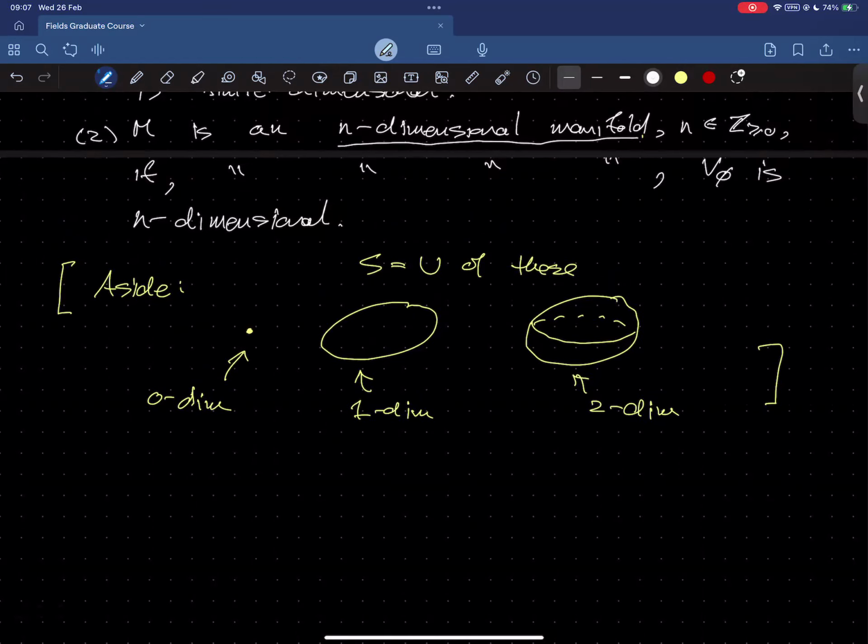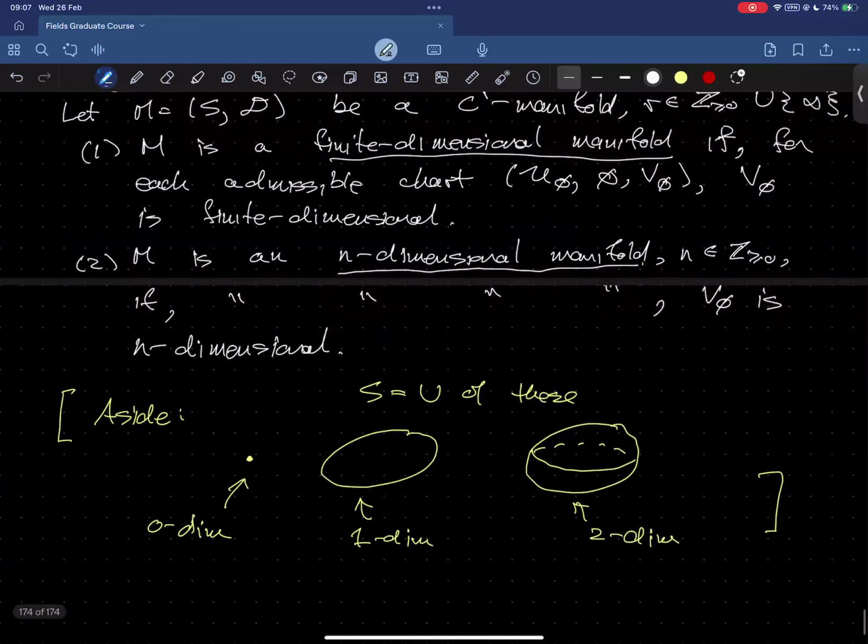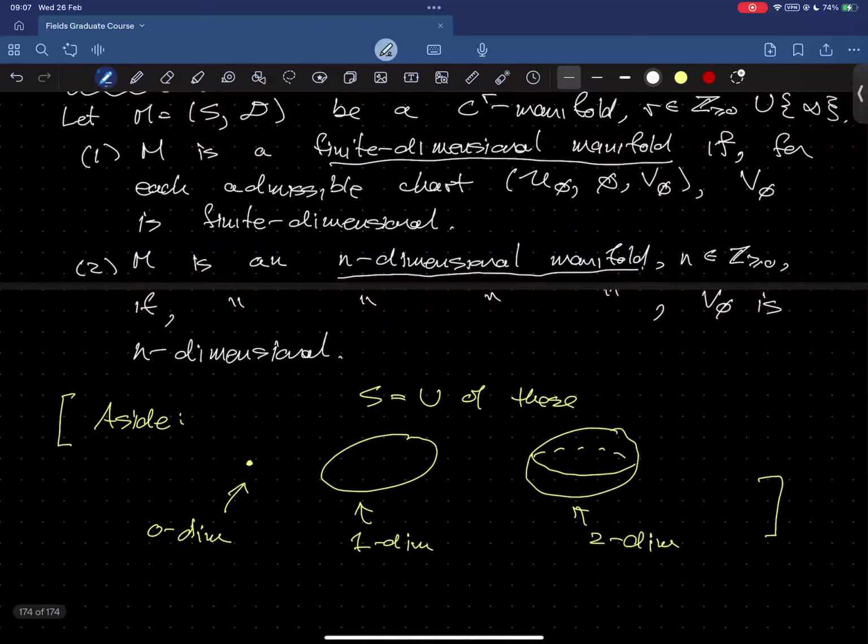And I should say, finite dimensional does not even demand that there is a finite n such that every chart takes its values in some vector space whose dimension is less than or equal to n.